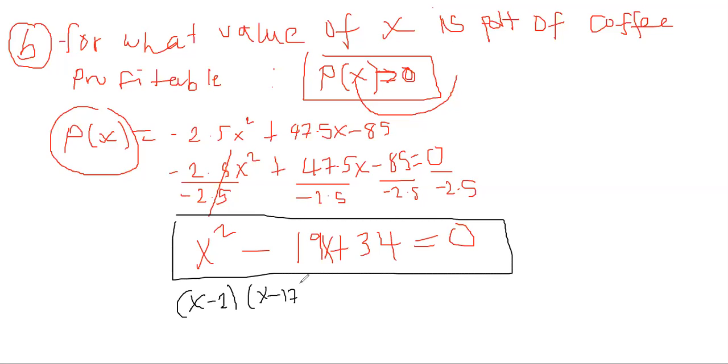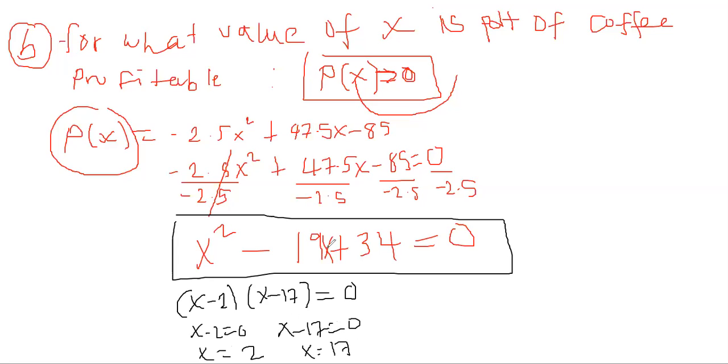You can use your general quadratic formula. At the end of the day, we'll have the same answer. So this will be x minus 2 equals 0, or x minus 17 equals 0. So x equals 2, or x equals 17.